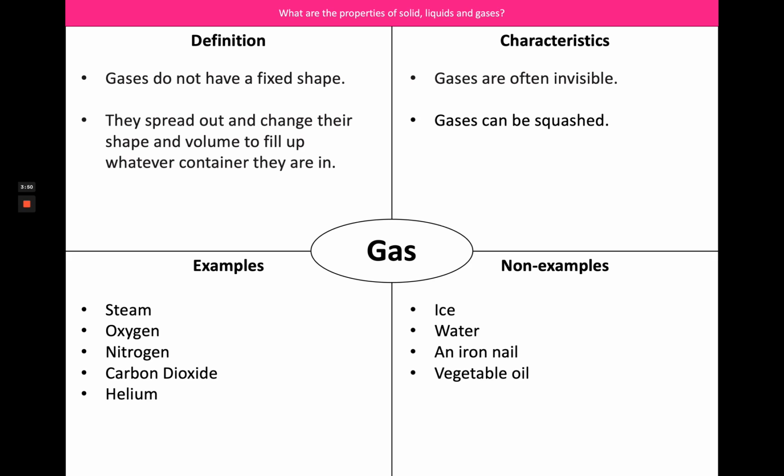Again, when we consider the particle model later, that's going to explain why this is the case with gases, but isn't the case with solids and liquids. And then we've got our examples in the bottom left there: steam, oxygen, nitrogen, carbon dioxide, helium. And then some non-examples, some of which were examples in the other states of matter.